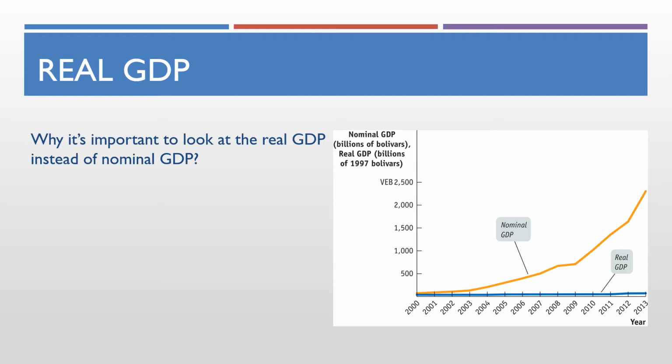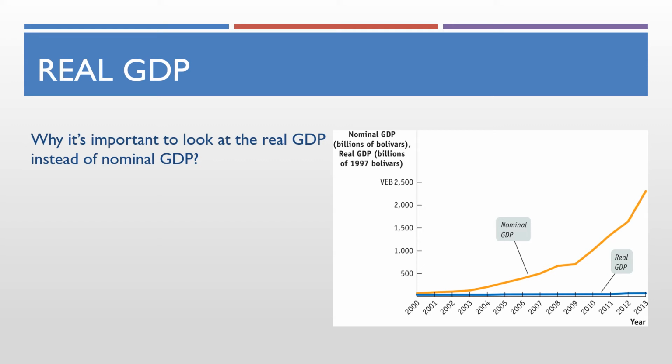In some journals or articles, or maybe newspapers, it's very often the case that they are reporting the nominal GDP, like the yellow graph that I'm showing you here. When you look at the nominal GDP in this graph, you might think that the country has had really successful growth over the years.